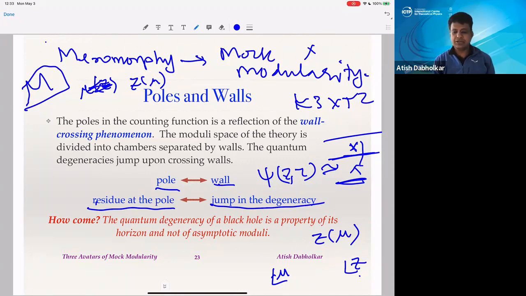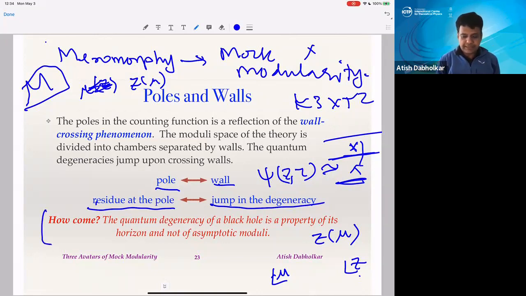That all the quarter BPS counting formula is very beautifully understood for the K3 cross T2. And there are walls and it jumps and all that is captured by this unique meromorphic Jacobi form. All that very complicated structure is uniquely captured by it, and it is now clear also from a dual. Okay, so let me not go there.